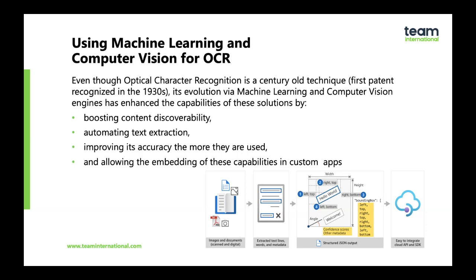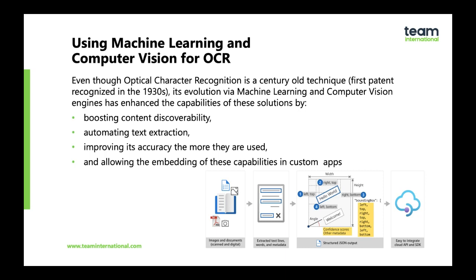And in addition to this, of course, with the rise of the microservice approach and cloud services solutions, we are now able to embed these advanced OCR capabilities into custom applications without having to create our own OCR engine.